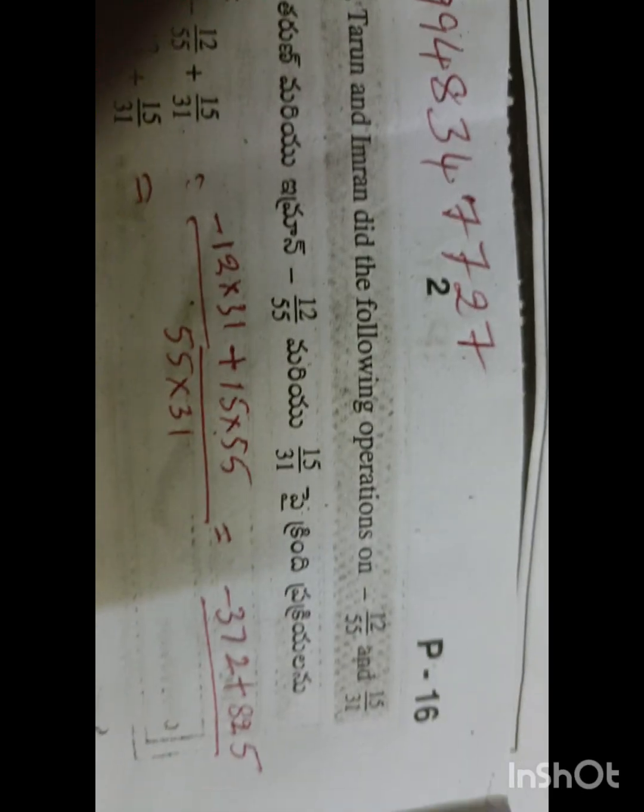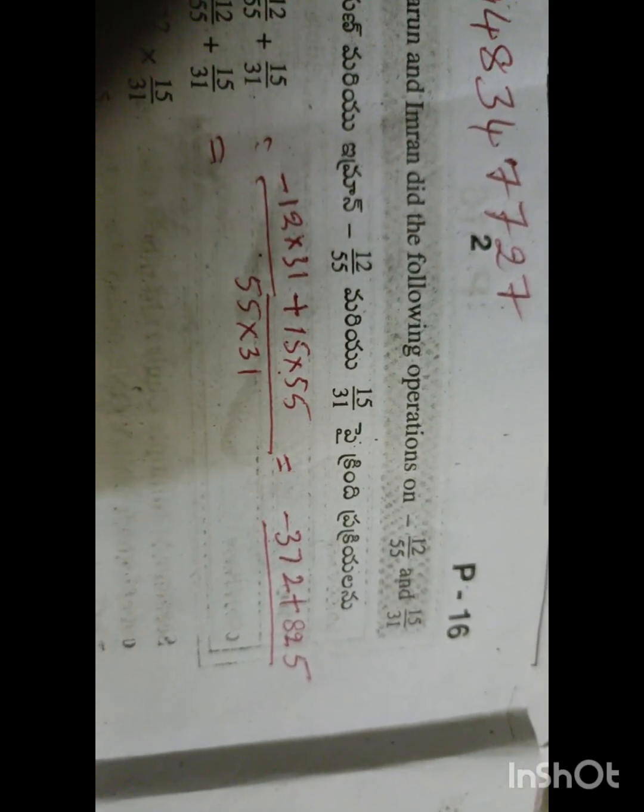Okay, right. We have missed one question here, so we'll go to question number 4. In question number 4, we need not work out anything for this one. They asked: Ritu, Tarun and Imran did the following operations on minus 12 by 55 and 15 by 31. Who will get a rational number?